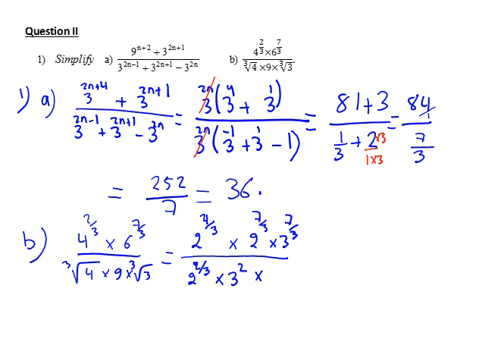Radical 3 index 3 it is 3 power 1 over 3.